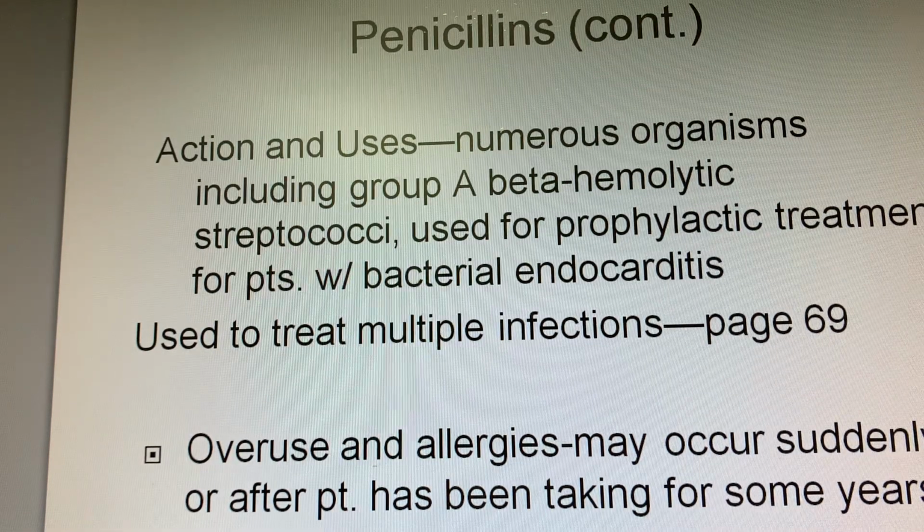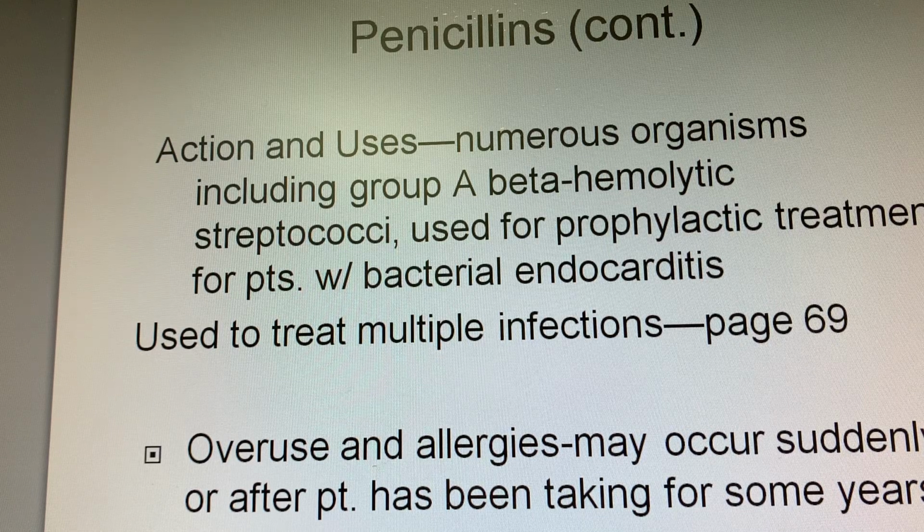We use them on numerous organisms, including Group A beta hemolytic strep, which causes strep throat and different scarlet fevers. We also use it for prophylactic treatment for patients who have infections that are attacking their heart.